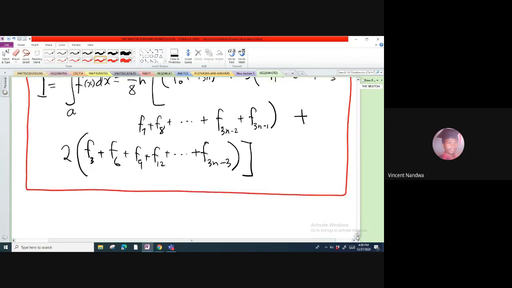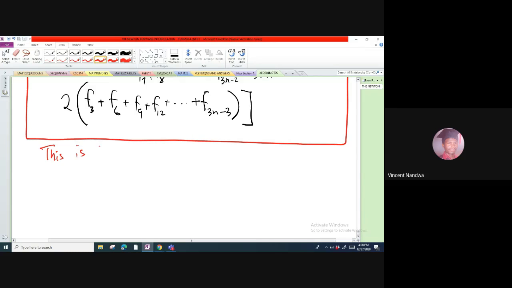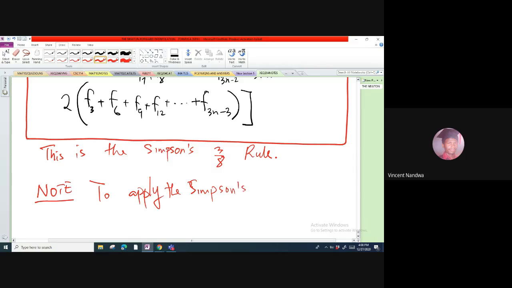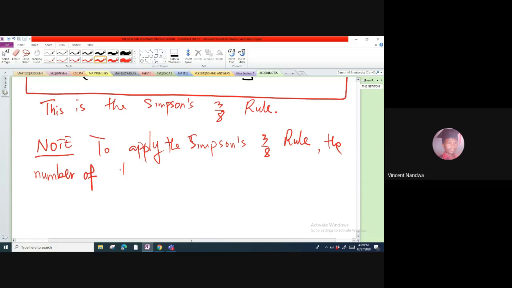So this is Simpson's 3/8 rule. Note, to apply Simpson's three-eighth rule, the number of subintervals must be a multiple of 3.